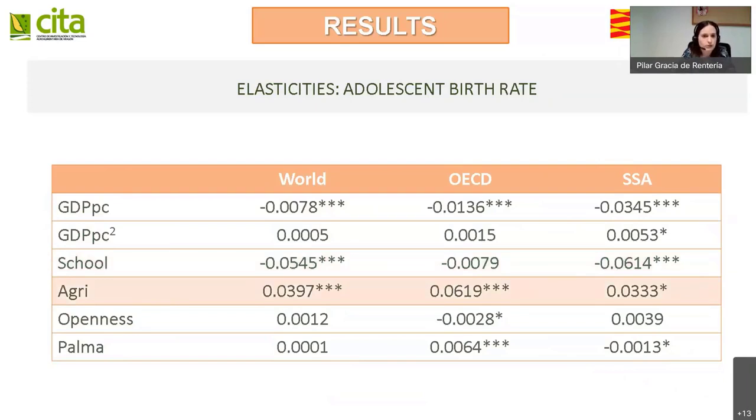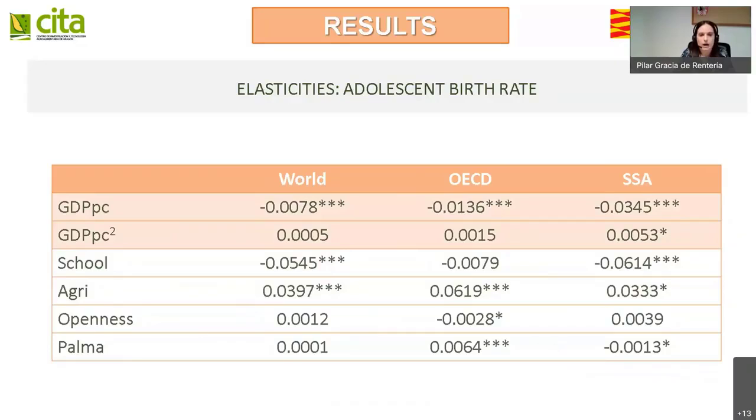Rurality is the other factor that has a very relevant impact on the adolescent birth rate with an elasticity of 0.04. And also the effect of GDP per capita is statistically significant, but again, you can see that this magnitude is limited in comparison with other drivers.